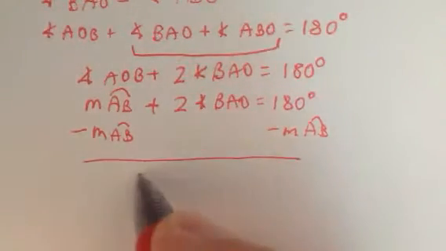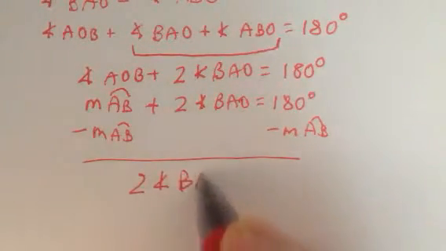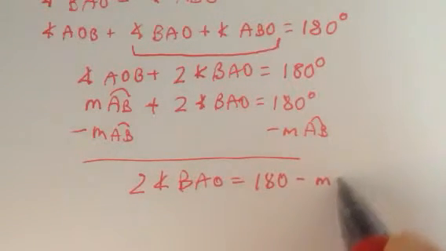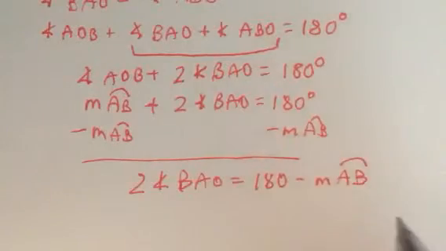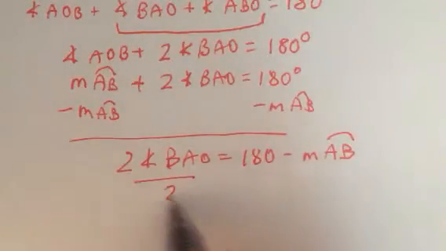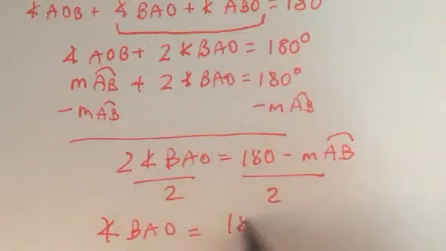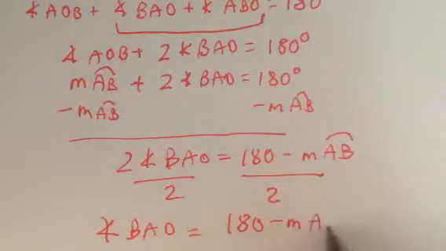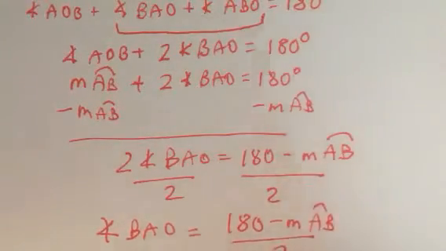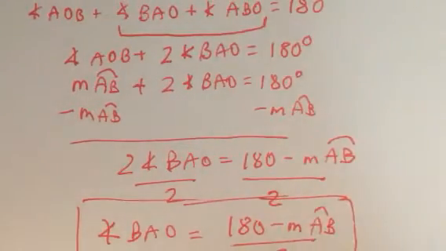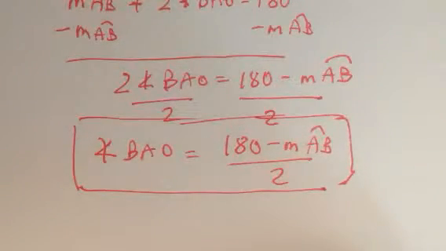That now gives us 2 times the angle BAO equals 180 minus the measure of arc AB, and now we can divide both sides by 2 to isolate angle BAO equals 180 minus the measure of arc AB, divided by 2. So we have this intermediate result, which we will find helpful in a minute.